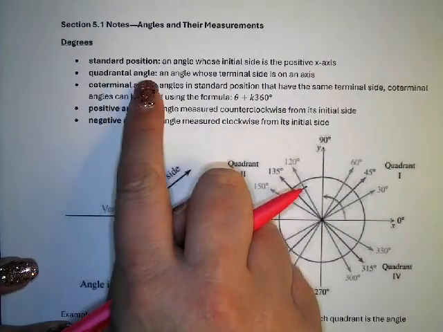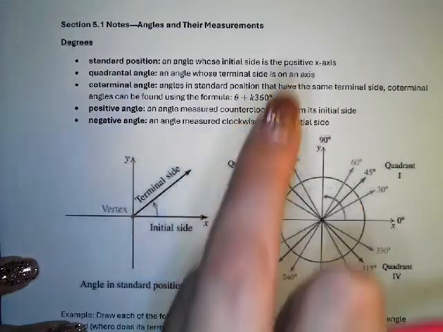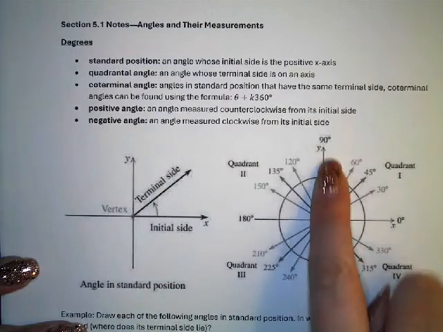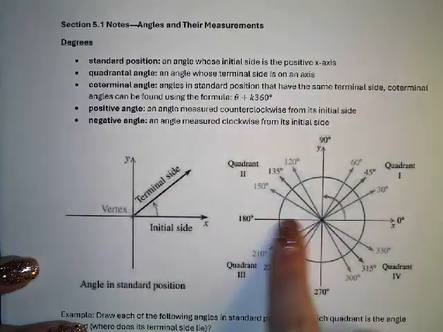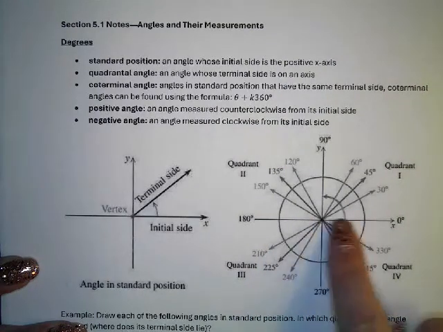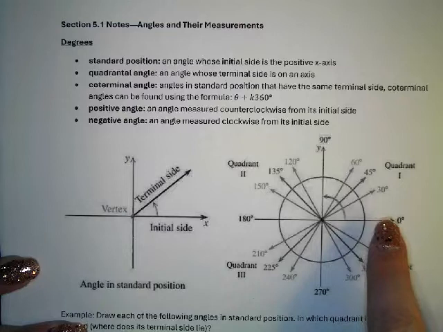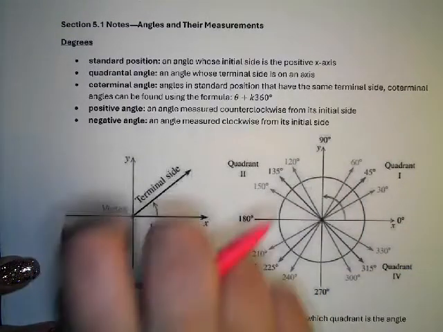A quadrantal angle is an angle whose terminal side is on an axis. So a 90-degree angle is a quadrantal angle, 180 degrees is a quadrantal angle, 270 degrees is quadrantal, 360, because the terminal side ends on one of the axes.